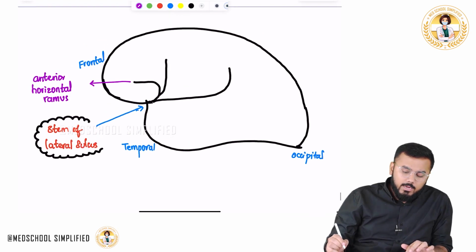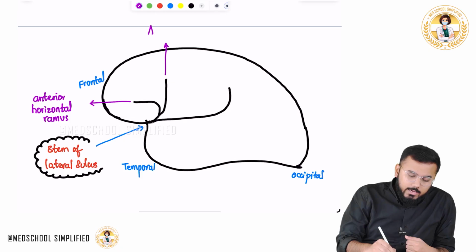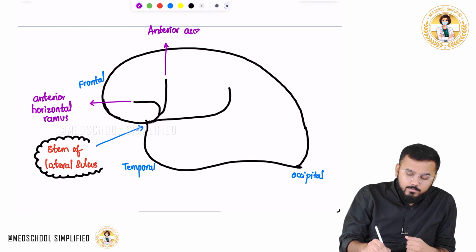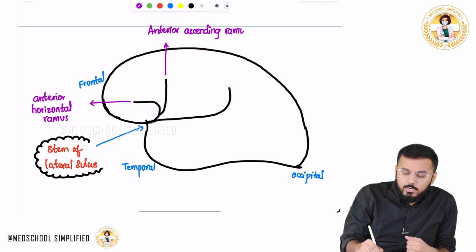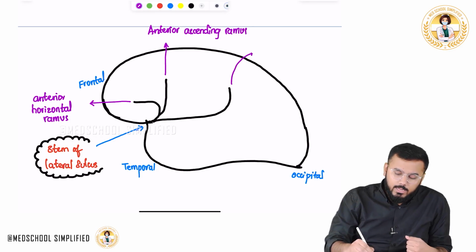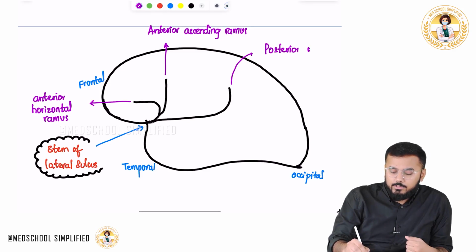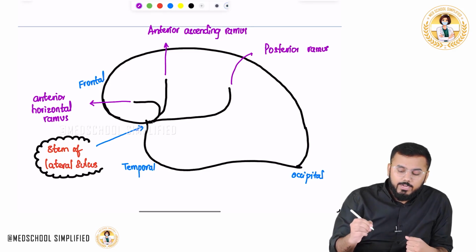This ramus over here you call the anterior ascending ramus, and this ramus over here you call the posterior ramus.